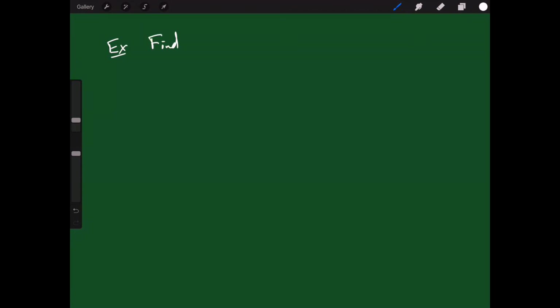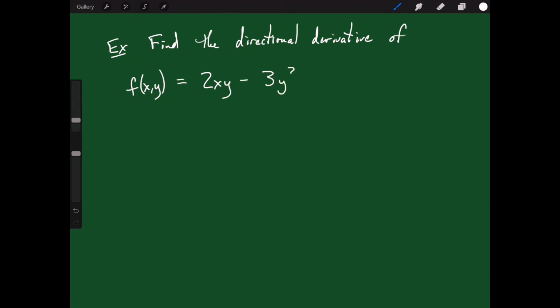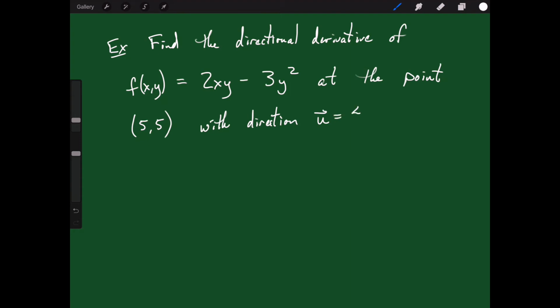Let's find the directional derivative of f of x, y equal to 2xy minus 3y squared at the point (5, 5) with direction u equal to 4i plus 3j.